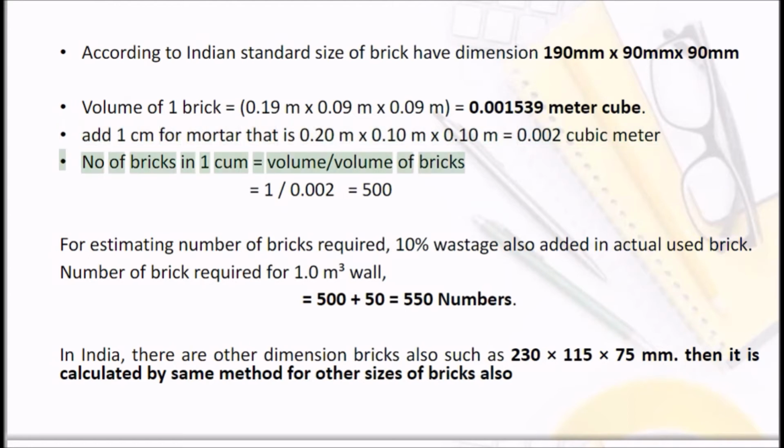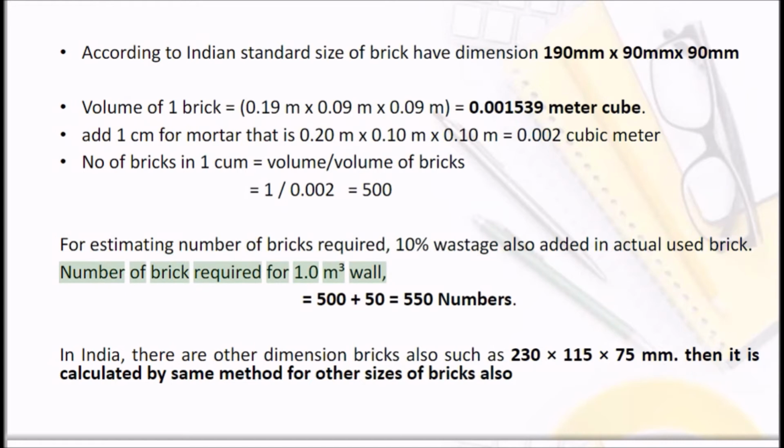Number of bricks in 1 cubic meter equals 1/volume of brick equals 1/0.002 equals 500. For estimating number of bricks required, 10% wastage is also added to the actual bricks used.